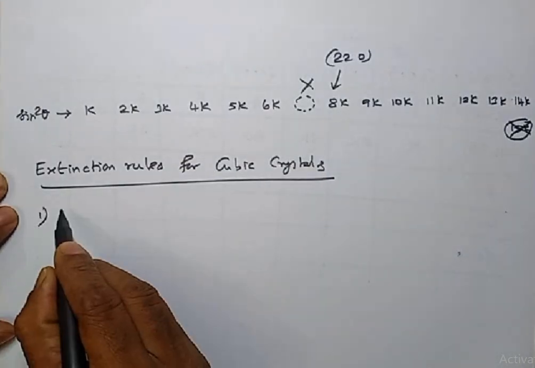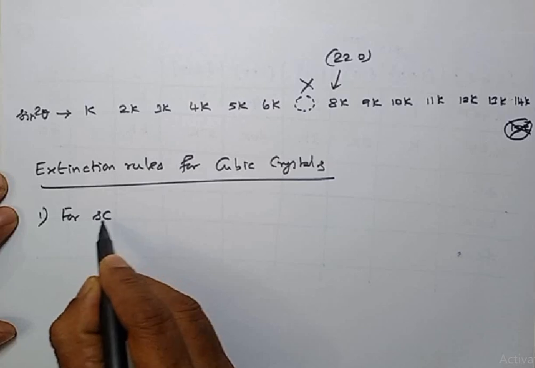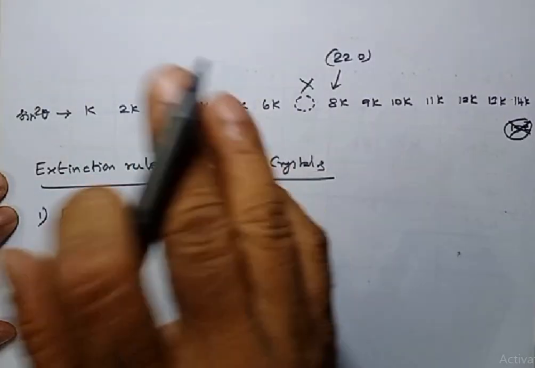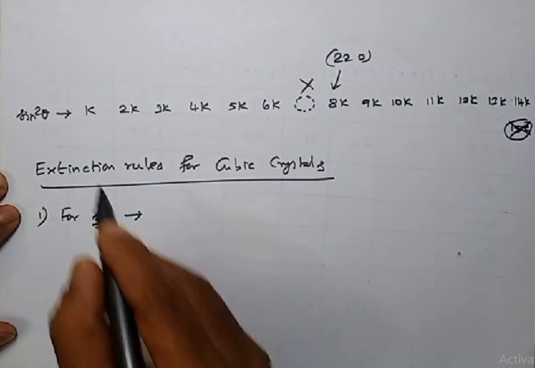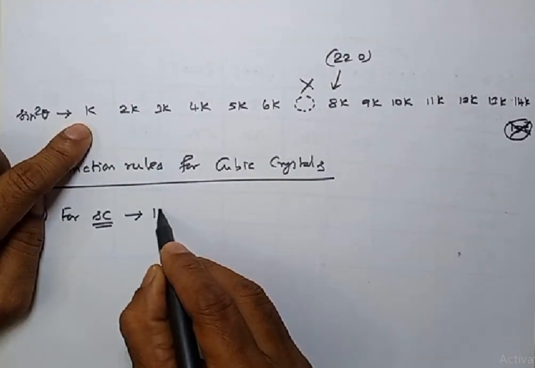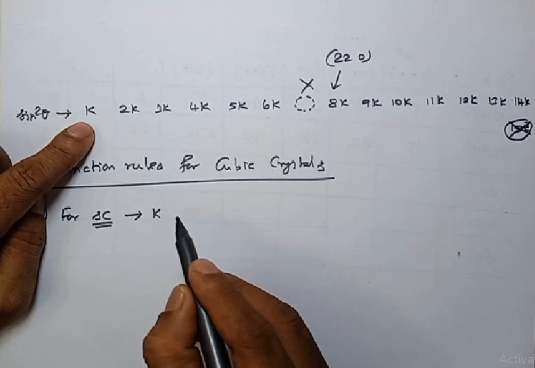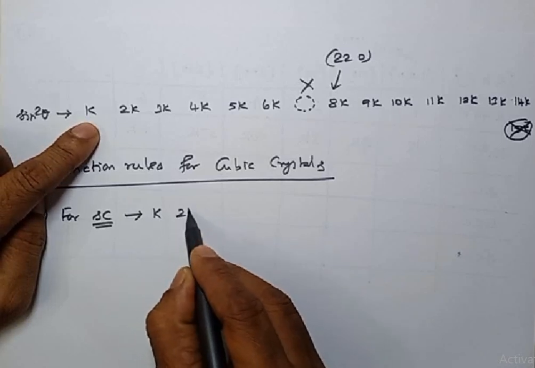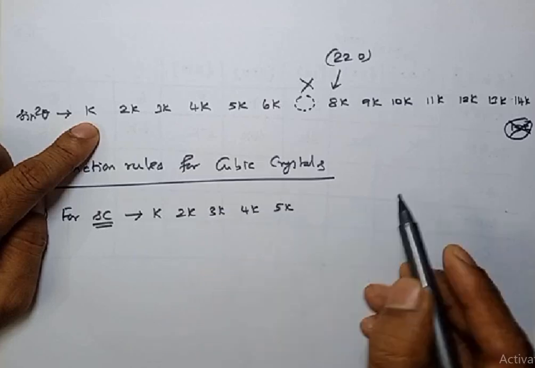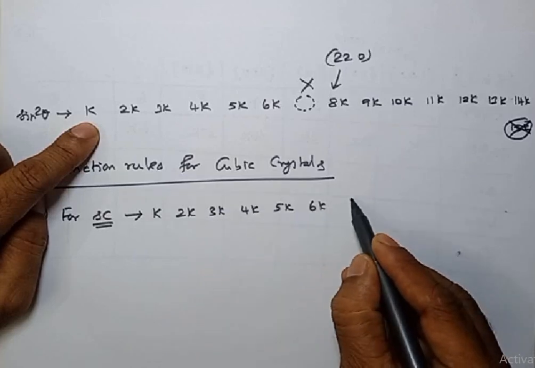For a simple cubic crystal, all these values are allowed. You will get a peak at K, then a peak at 2K, 3K, 4K, 5K, all values are allowed. 6K, 7 is not possible.